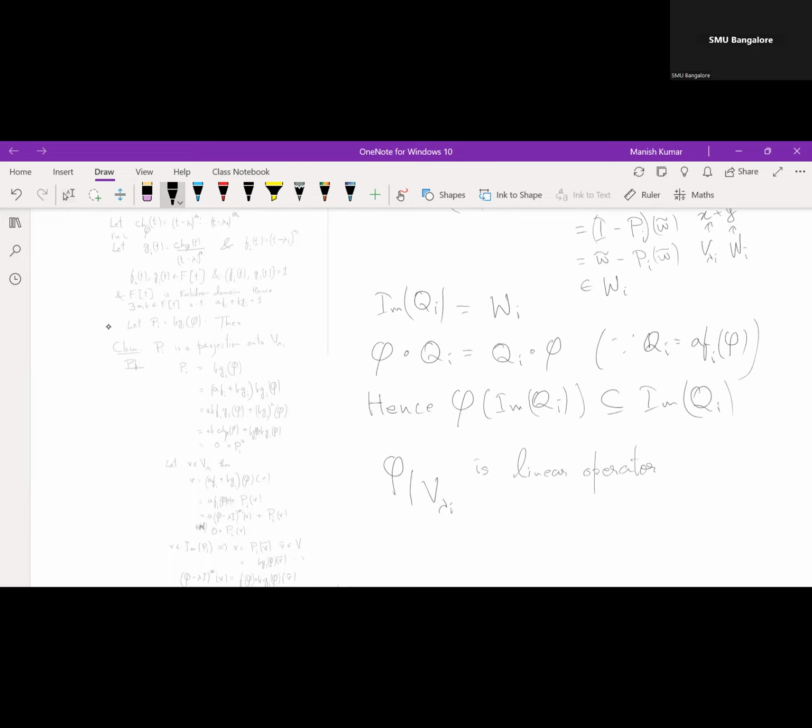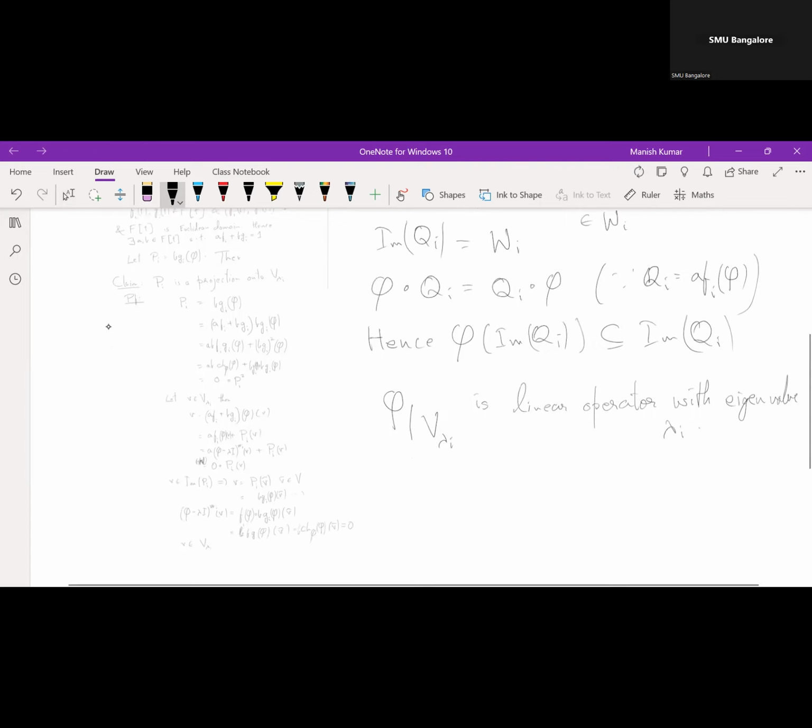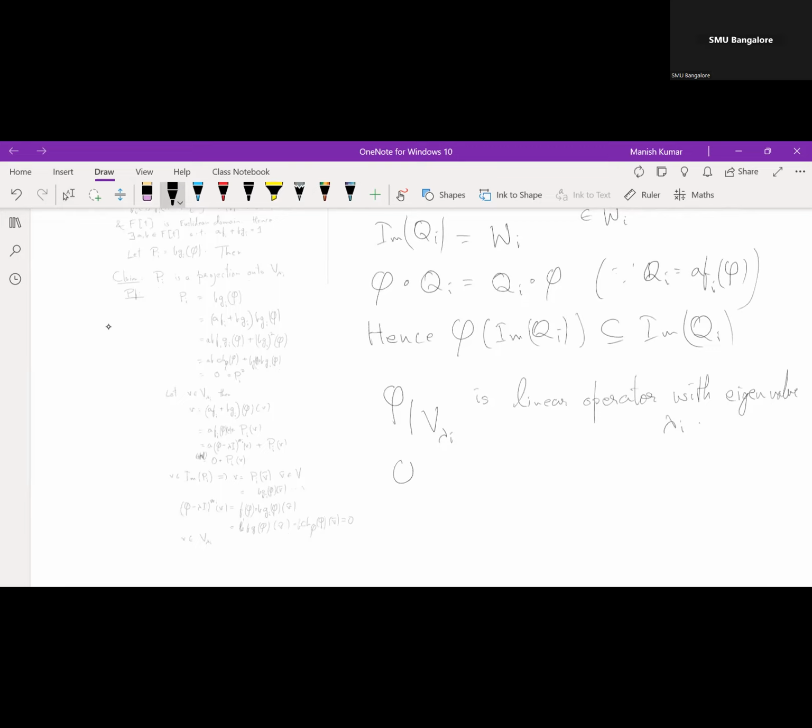So phi restricted to V_lambda_i is a linear operator with eigenvalue lambda_i, because it consists of only lambda_i generalized eigenvectors. And phi restricted to W_i is a linear operator on a smaller dimensional vector space.